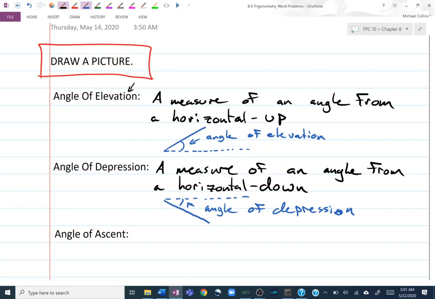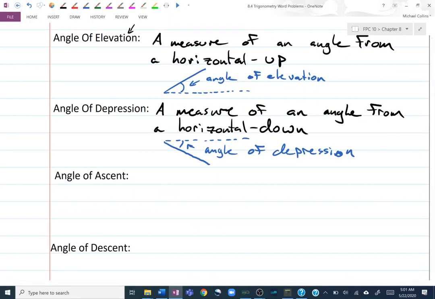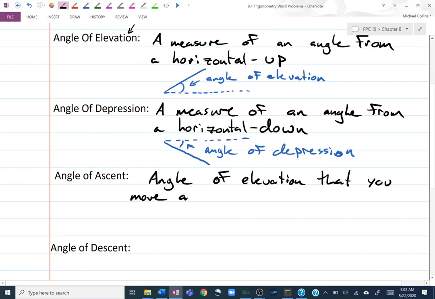So angle of ascent is a lot like angle of elevation, except it's a line that you're moving along. It's an angle of elevation that you move along. If you were to ascend a mountain, you'd be walking up your mountain, and you could get an angle of ascent, how steep that mountain would be.